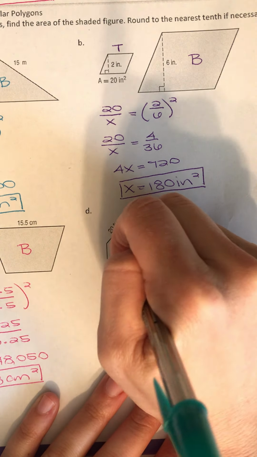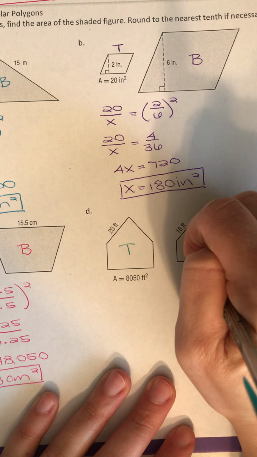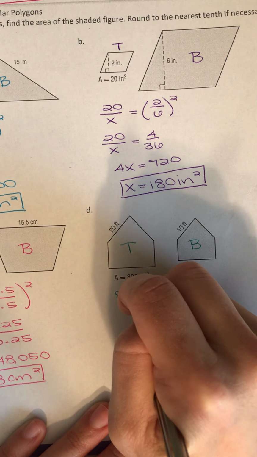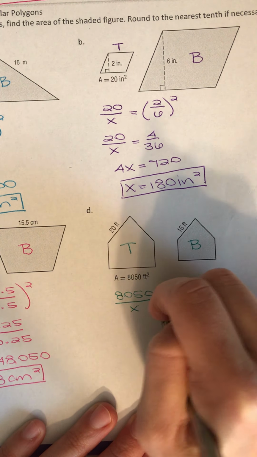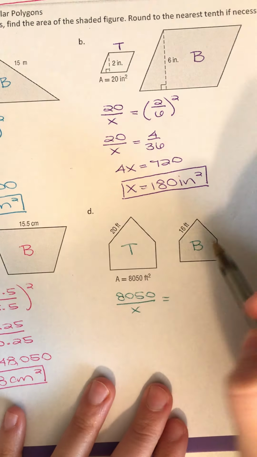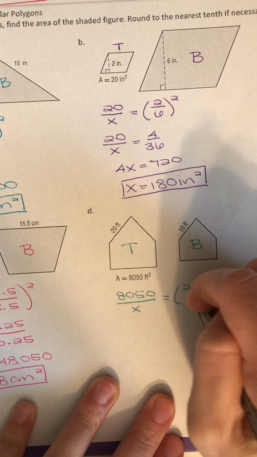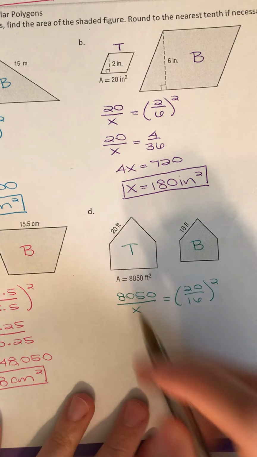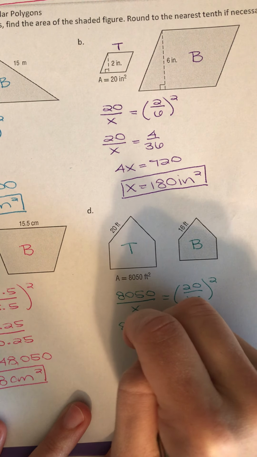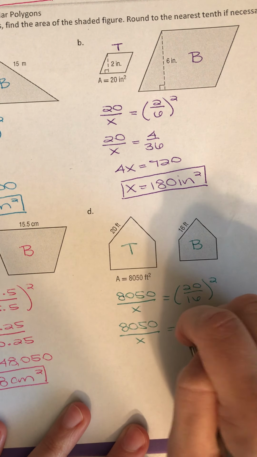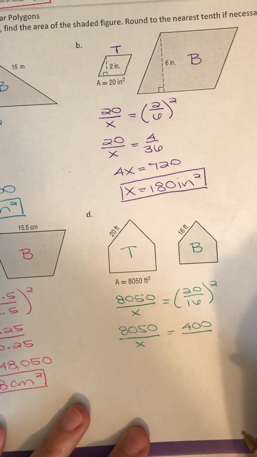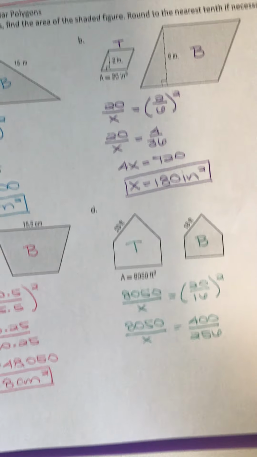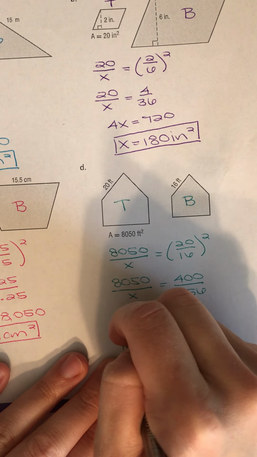Last one. Top and bottom. My area is 8,050 over x, because I don't know that side. I'm going to do 20 over 16 squared. When I square 20, I get 400. When I square 16, I get 256. I'm going to cross multiply.